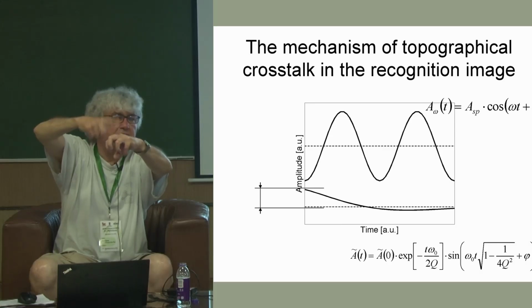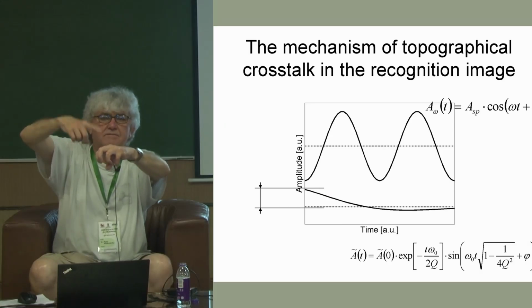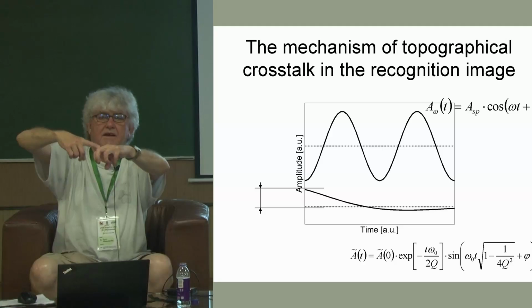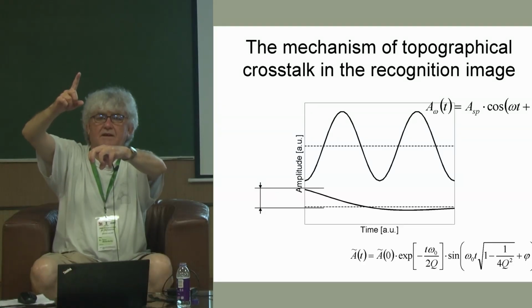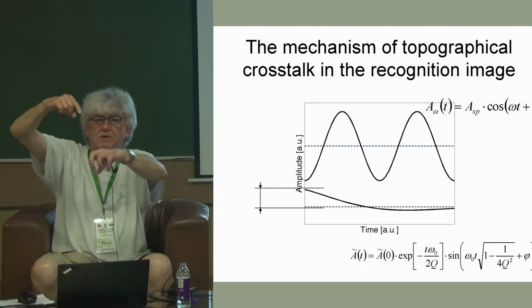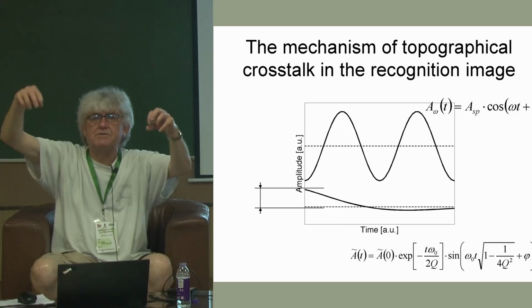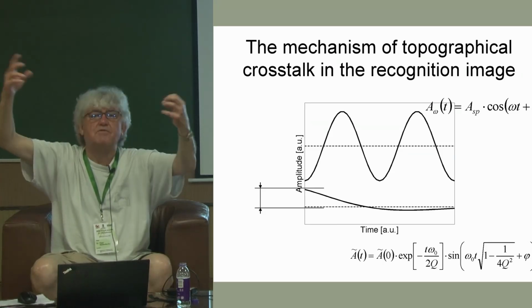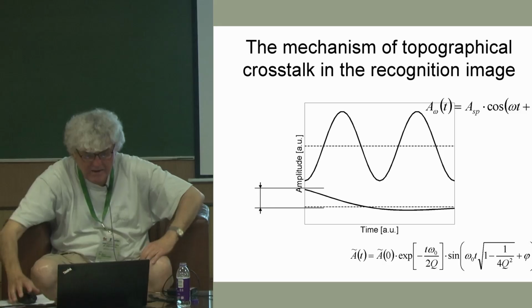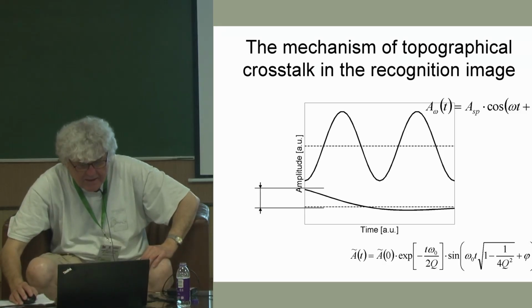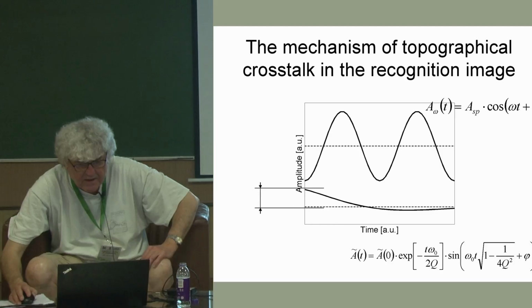When we hit the protein, we get an impulse, and this impulse is then exponentially lost over a certain time, and the characteristic time for it is the Q factor of the cantilever. And let's remember, the delta T between topography and recognition detection is a half oscillation period.